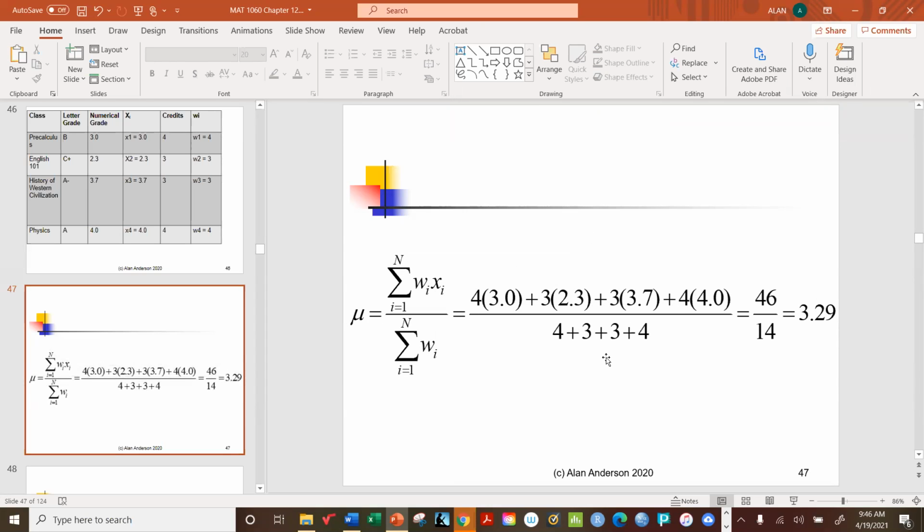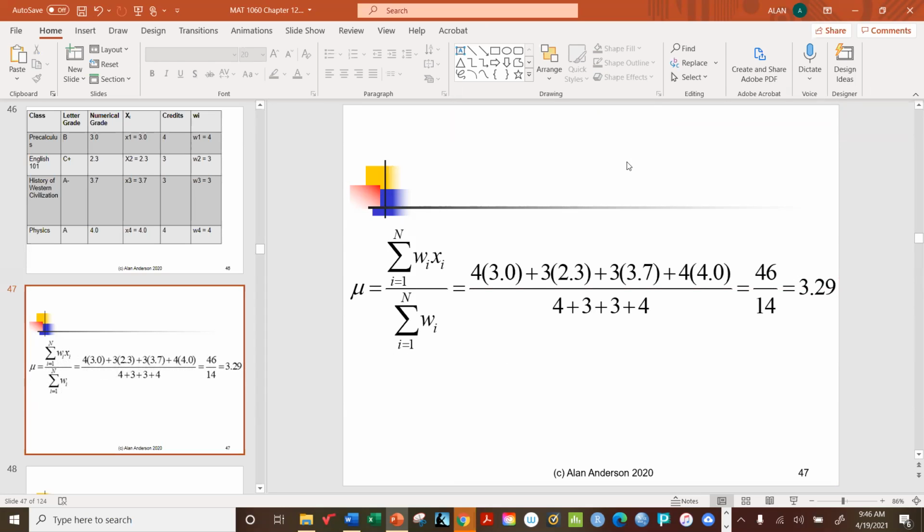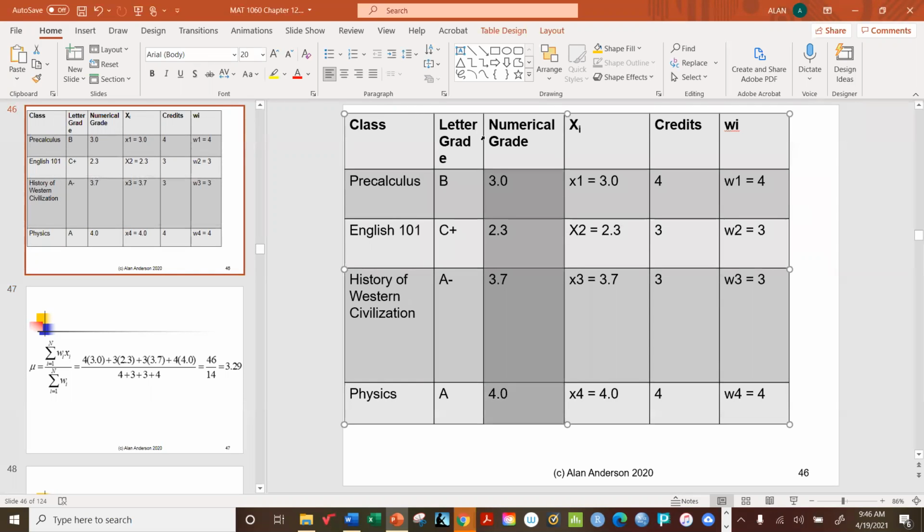So in other words, this is another example of a weighted average. Because all the credit hours in your classes are not the same, we need to calculate your GPA as a weighted average instead of just adding them all up. Like here, you would not just add up these 4 numbers and divide by 4. You would get the wrong answer. Okay, so whether you knew it or not, this is how they're calculating your GPAs.